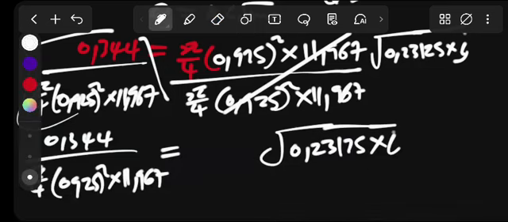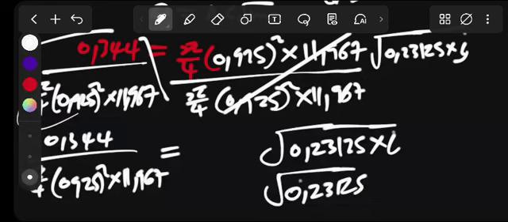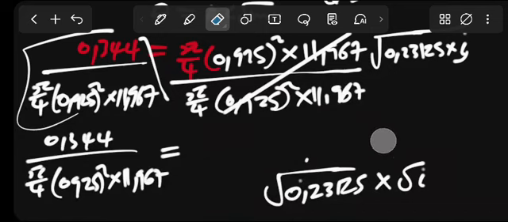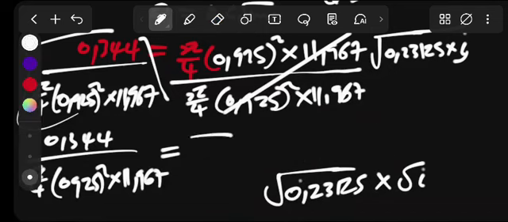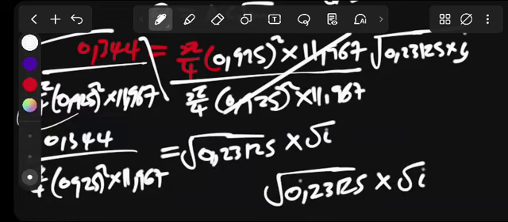This can be the same as the square root of 0.23125 multiplied by the square root of I. So this can be like that. All right.